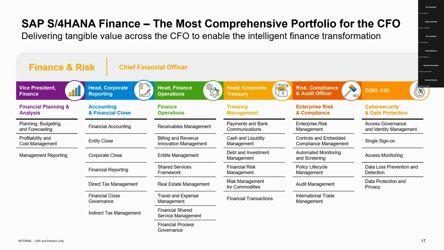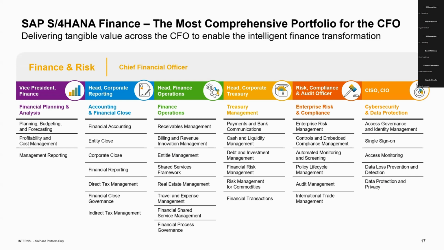For the head of finance operations, topics like receivables, billing and revenue innovation management, entitlement management, shared service framework, real estate management, travel and expense management, financial shared service management, financial process governance.